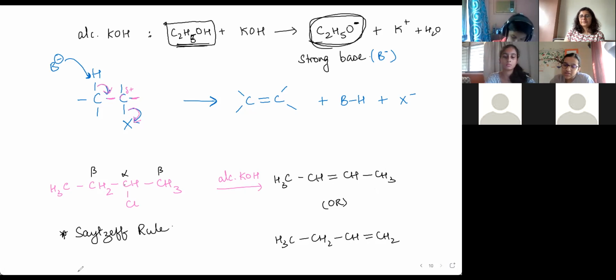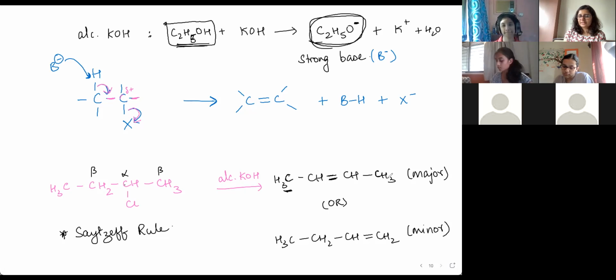Like the one which has more methyl groups connected to it. There you go. Yes. So this is the major product and this is the minor product. So this will be major because there are two CH3s attached to the double bonded carbons. In this case, you only have one alkyl group attached to the double bonded carbon.